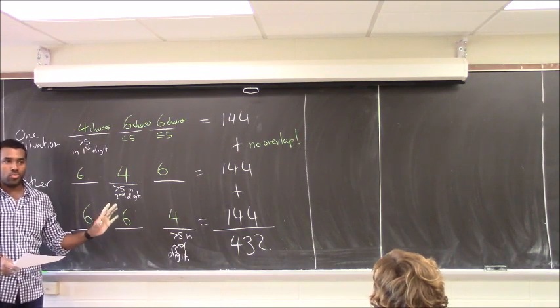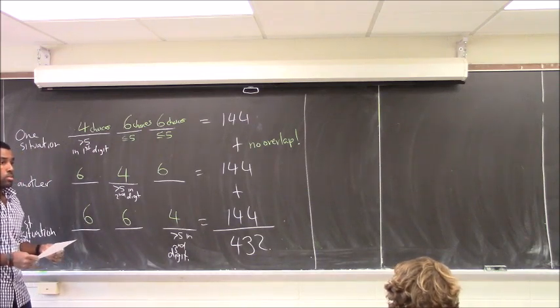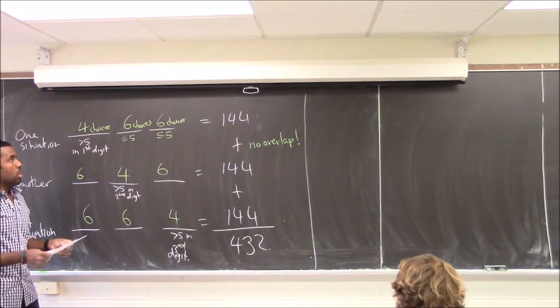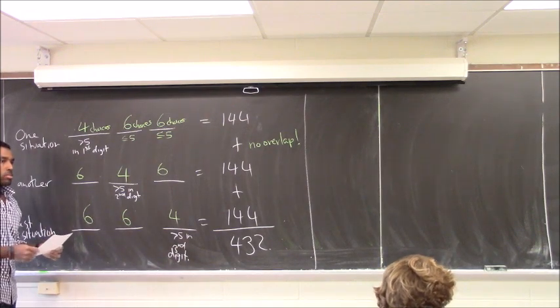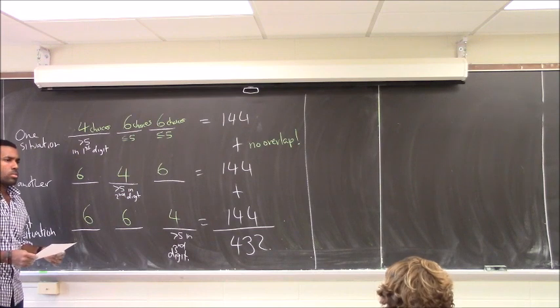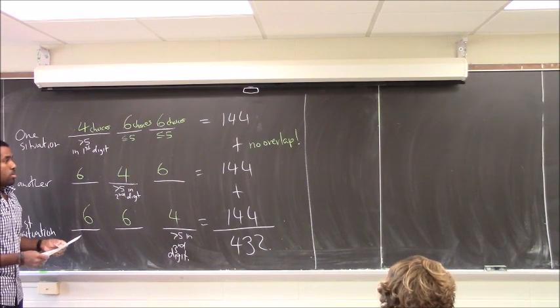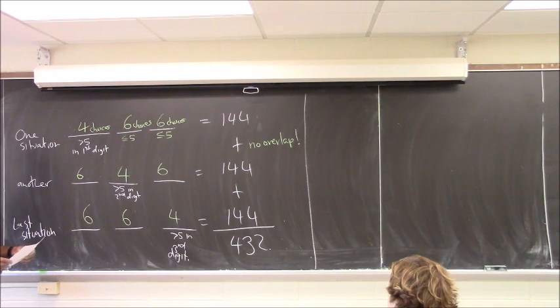Questions on this one? Isn't it like 10 to the third power? Right, like 10 to the third power. If we're talking about all the possible 3-digit numbers, then yes, it's 10 to the third power.